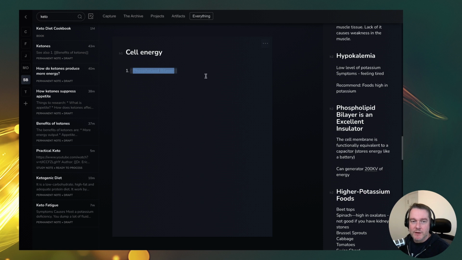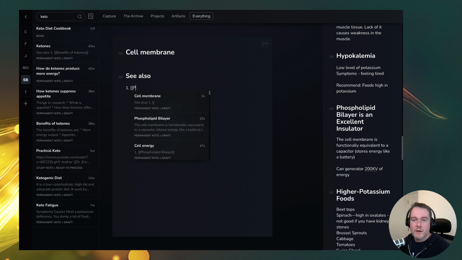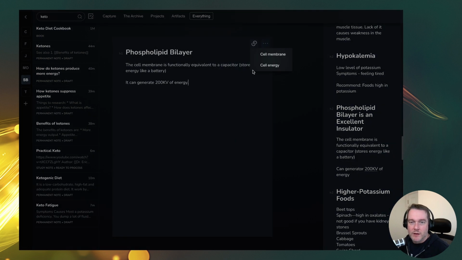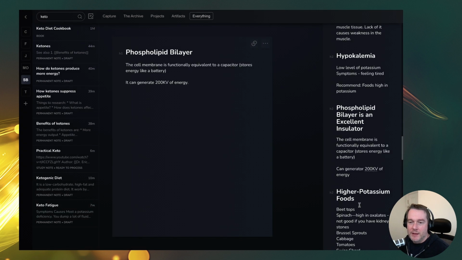I just thought I'd capture that there. And if we create a cell membrane note and link that in there, the two link there. So I've got that kind of complete mapping there.